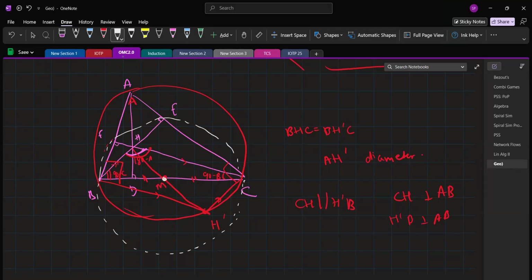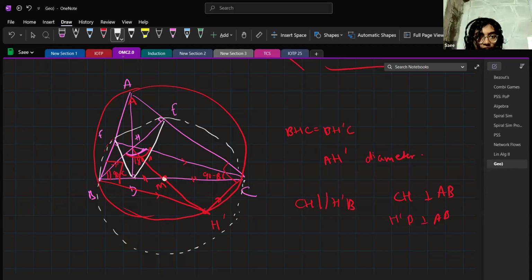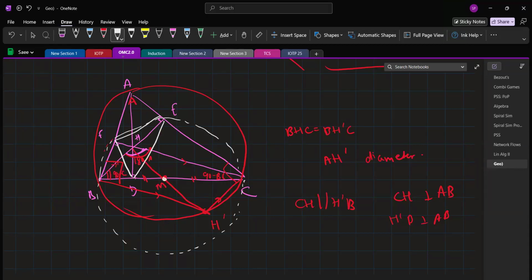Can also get an incenter. H is the incenter of DEF. True, because BFHD is cyclic, so we can get FDH equals FBH, which is FBE, which is equal to FCE.